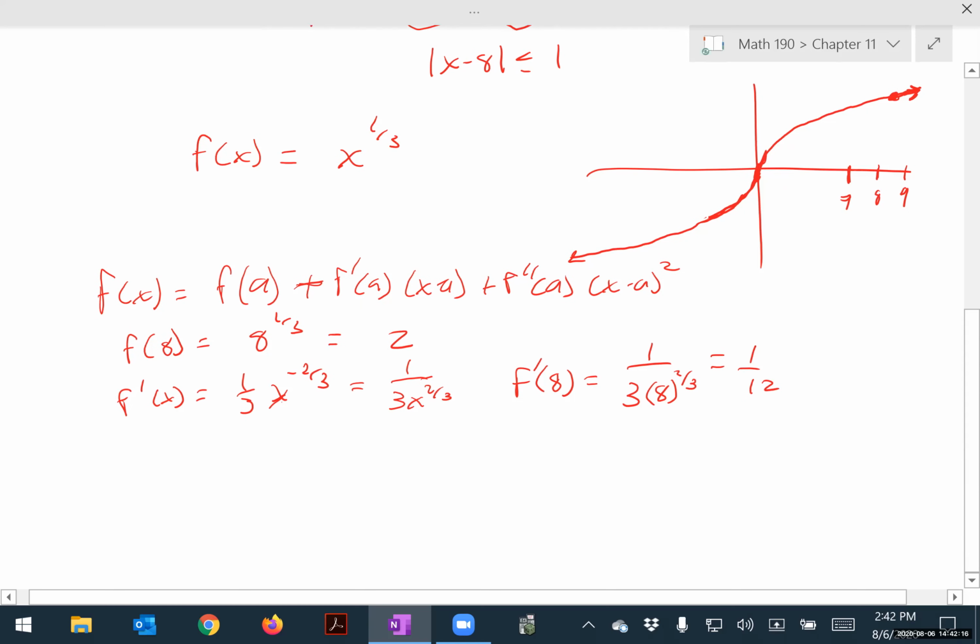This is going to give me my coefficients, basically. And then what's f double prime of x? This is going to be negative 2/9 x to the negative 5/3, I believe. Evaluate this guy at 8. f double prime of 8.